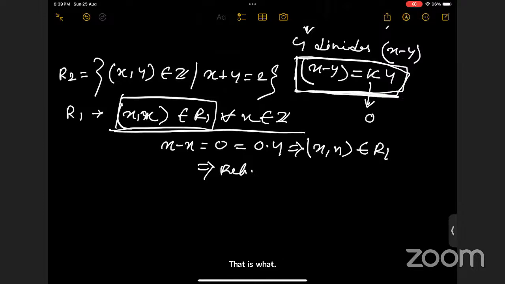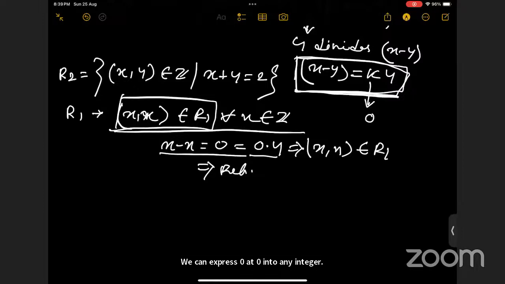If I take x minus x, that means we are simply taking x instead of y, right? So x minus x is 0, and we can express 0 as 0 into 4. If we have any integer, it will always divide 0, right? We can express 0 as 0 into any integer. Here we have specifically 4.